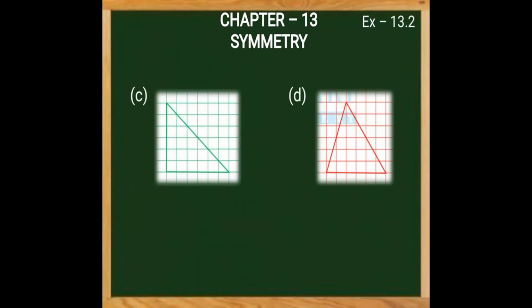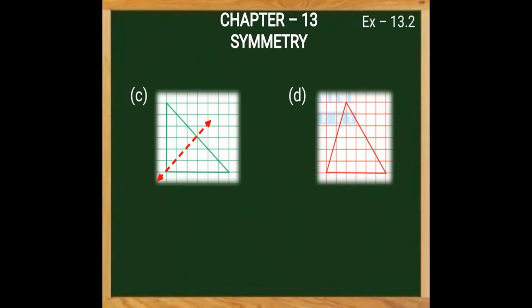Two triangles again. Now here we have an isosceles right angle triangle in C part. Since it is an isosceles triangle, it will have only one line of symmetry, which would be from the vertex common to the equal sides, like this.